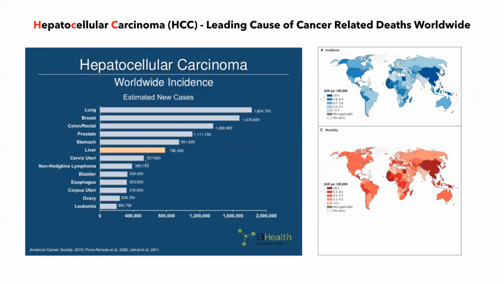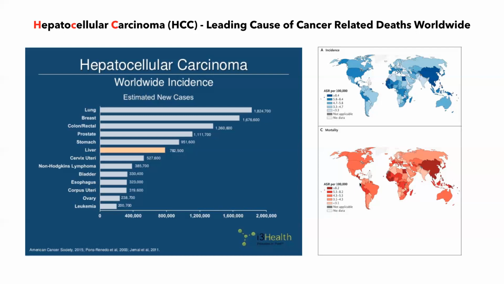And actually, worldwide, this is the 5th or the 6th most new cases per year worldwide, right? So 782,000 cases per year of HCC. So it's a pretty important area to study.